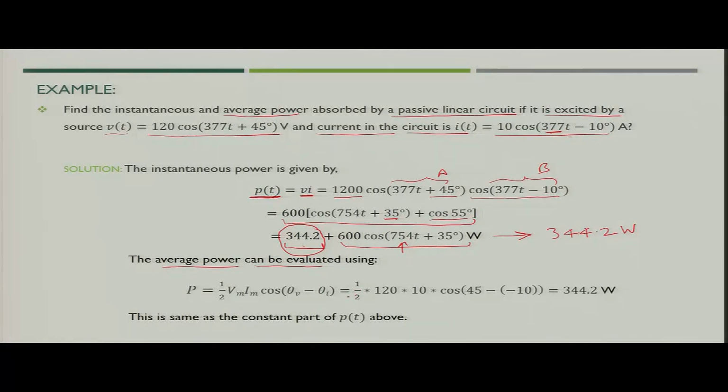Now, put in the values: Vm is 120, Im is 10, theta V is 45 and theta I is minus 10. If you simplify again, you will get the same value we saw in the instantaneous power calculation. So, the average power calculated from the formula and the constant term of the instantaneous power are the same. You can verify the values.